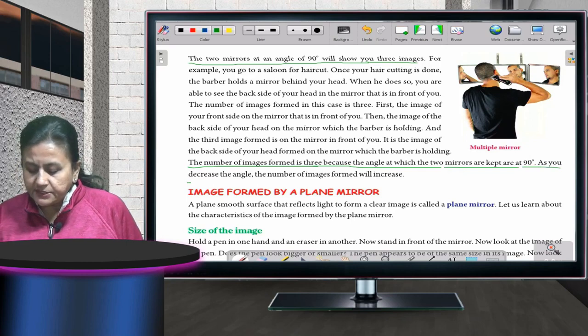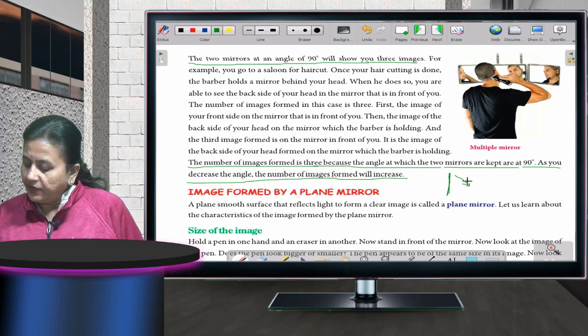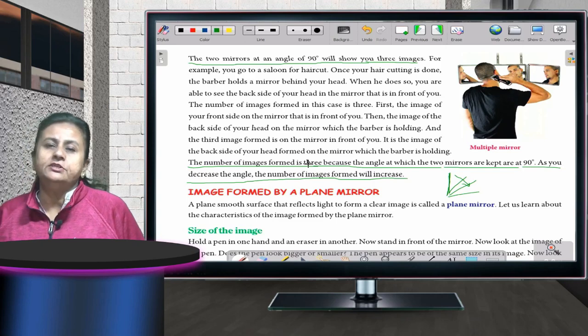As you decrease the angle, the number of images formed will increase. In case the mirror is kept at 90 degrees and you now decrease the angle, the number of images formed will be increasing. Fine, children?